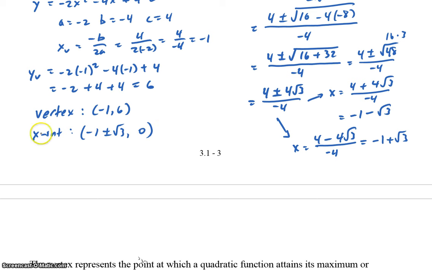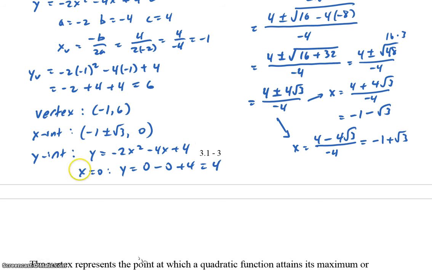Finally, the y-intercepts can be found rather easily, much more easily than the x-intercepts in this case. If we take our original function, y equals negative 2x squared minus 4x plus 4, and substitute in 0, let x equal 0, we would obtain y equals 0 minus 0 plus 4.